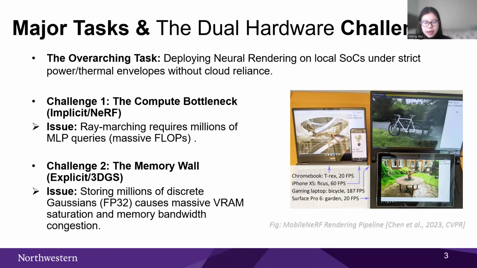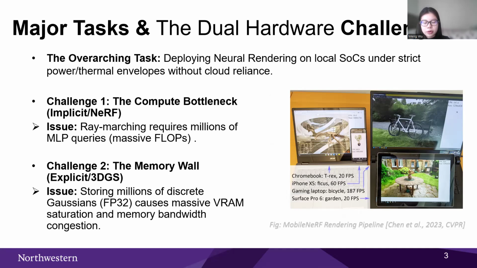When we deploy on the edge, we immediately run into two distinct hardware bottlenecks depending on the representation we use. First, let's look at implicit representations like vanilla NeRF. NeRF models continuous scenes using a multi-layer perceptron, or MLP. Rendering a single pixel requires a volumetric ray marching process, sampling hundreds of points along each camera ray and querying the MLP for every single point.